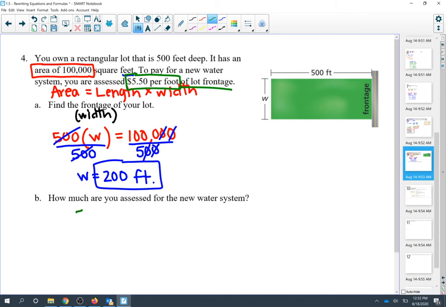So we are paying $5.50 per foot, and we have 200 feet. So we're going to multiply $5.50 times our 200, which gives us $1,100, which means you have to pay $1,100 for your new water system.